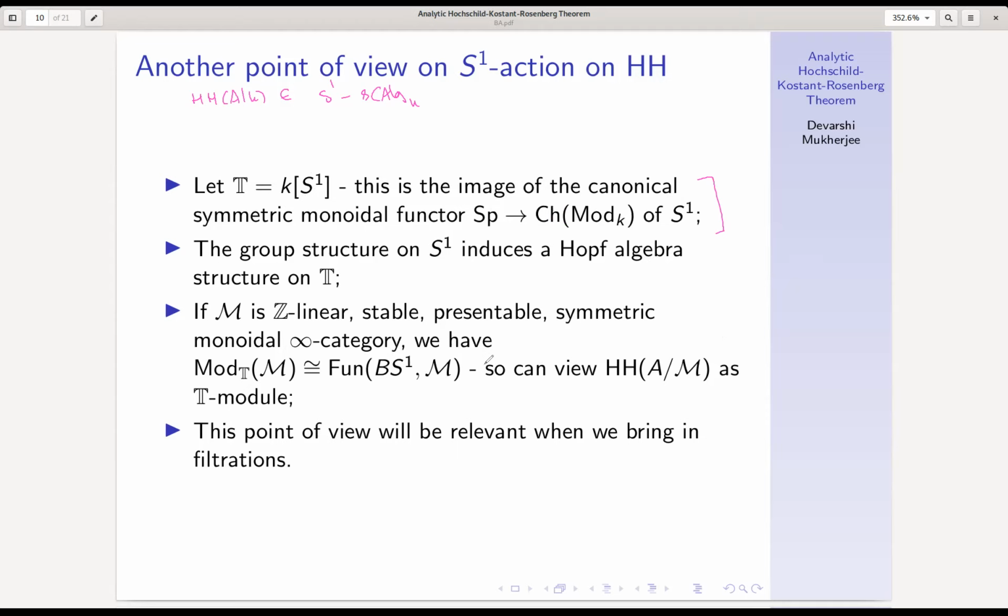Now, what we have is, just by this statement that we know from representation theory, if we have group actions on something, then that's the same thing as module action over the group ring. So in this sense, we can view this Hochschild homology as something sitting inside this category.